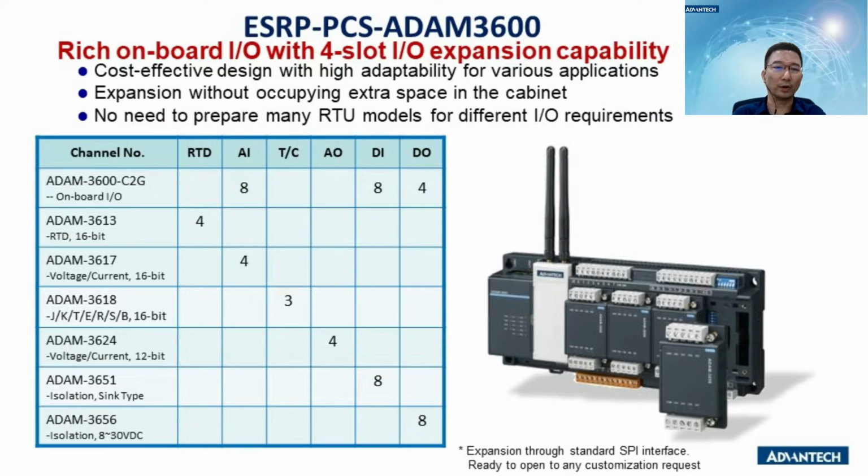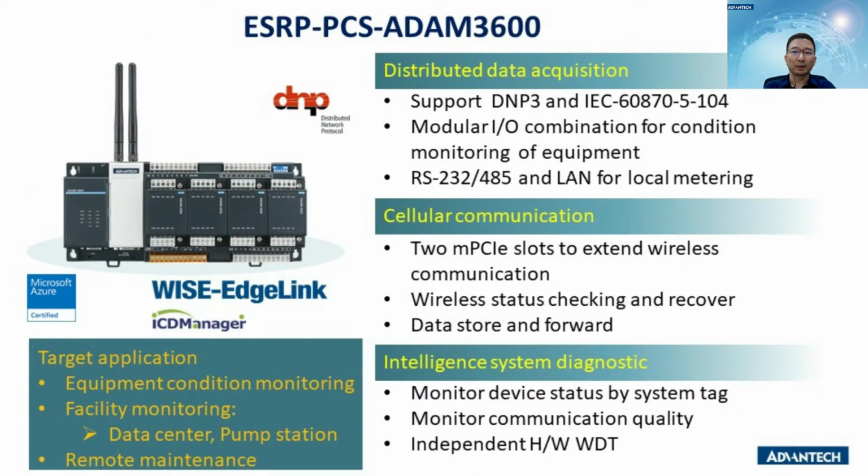You can choose 4 from the table. The main target applications are equipment condition monitoring, facility monitoring like data centers and pump stations, or remote maintenance. In the next few slides, I will show examples of those applications.